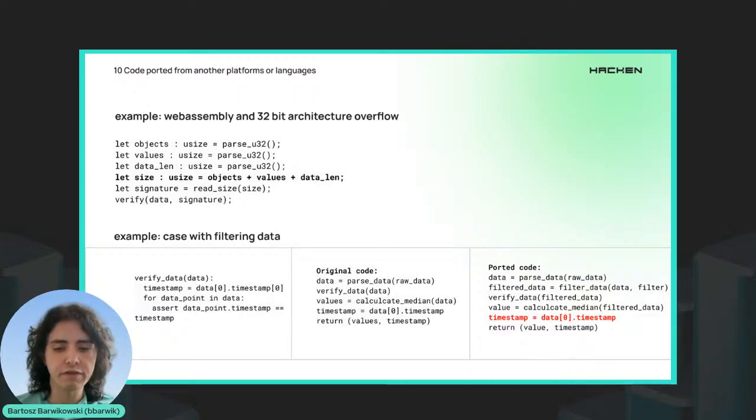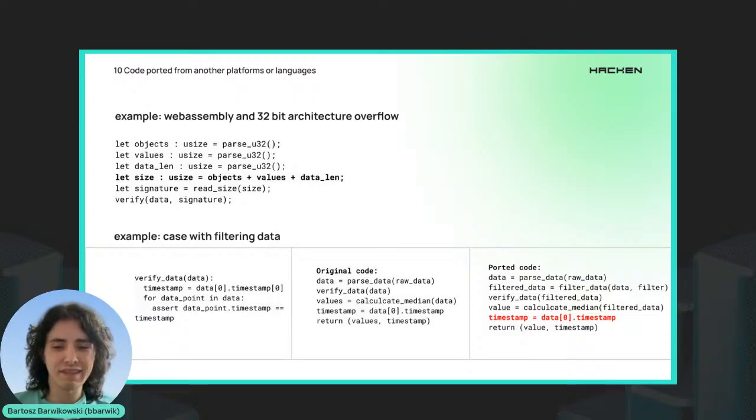But the difference when it comes to WebAssembly between Solana and, let's say, other protocols, is that WebAssembly is using 32-bit architecture, and Solana is using 64-bit architecture. So in this case, usize was behaving totally different, and because they didn't think about this scenario, it was possible to cause integer overflow, and it allowed to create fake signatures.